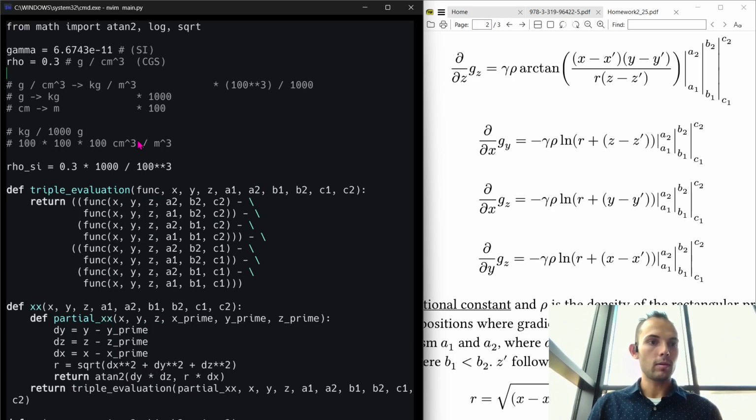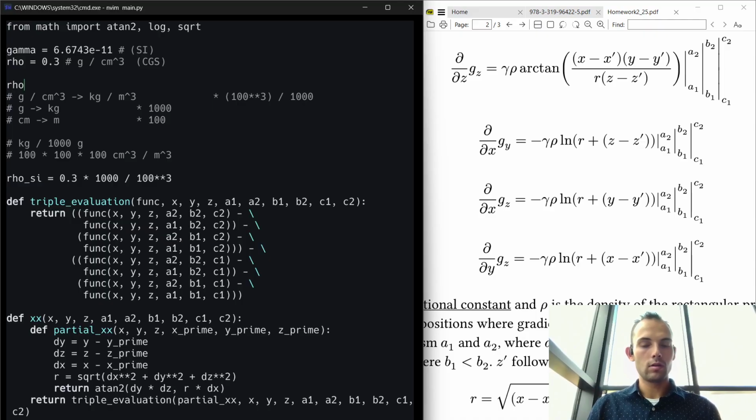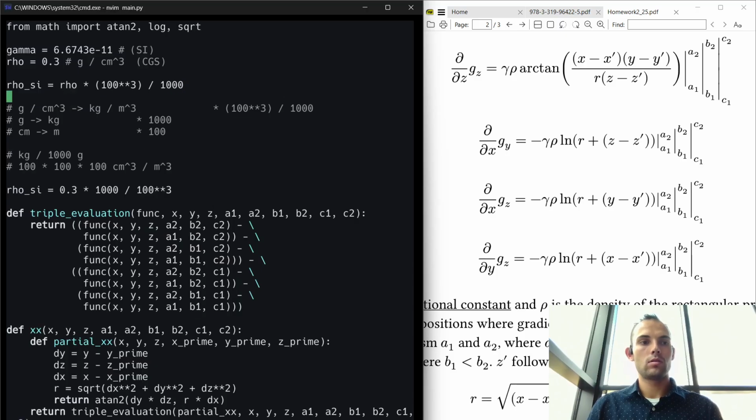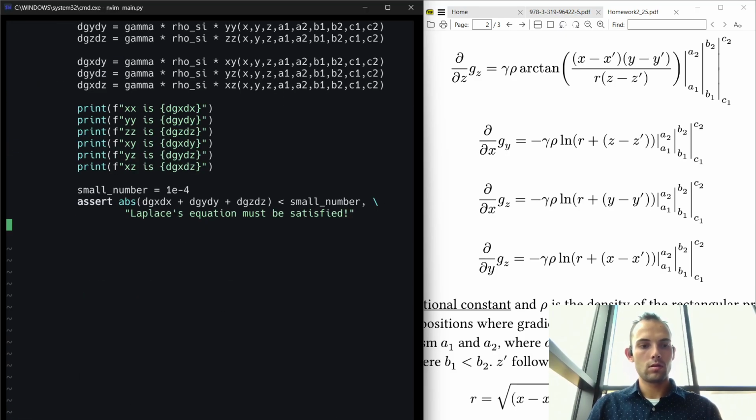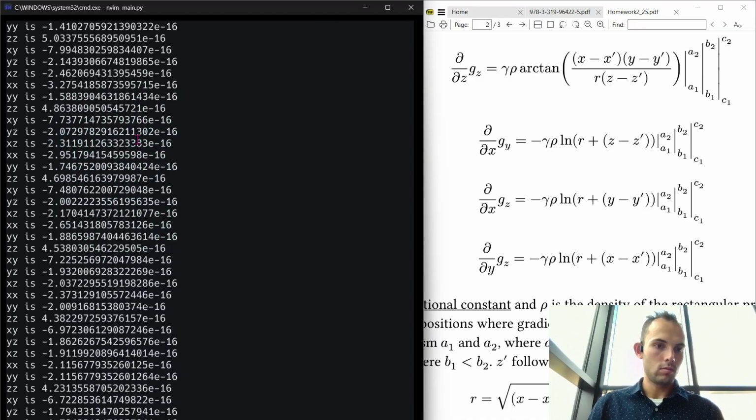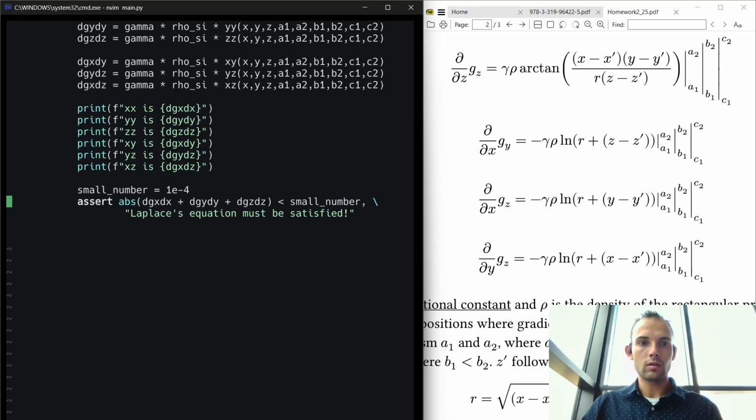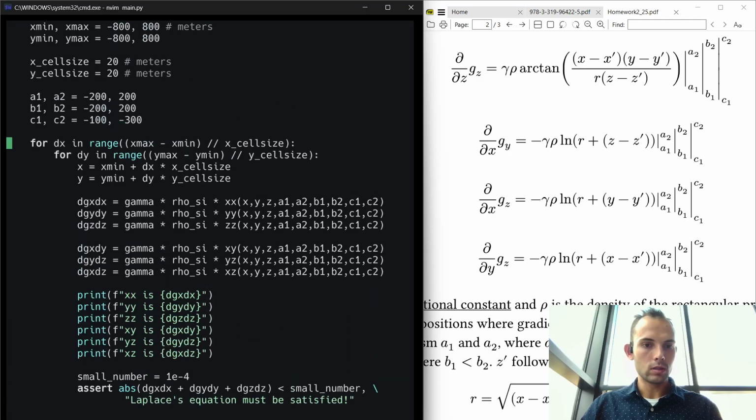But we came up here so we could do rho SI is equal to... Those are tiny values. Now you know why we don't work in these values.